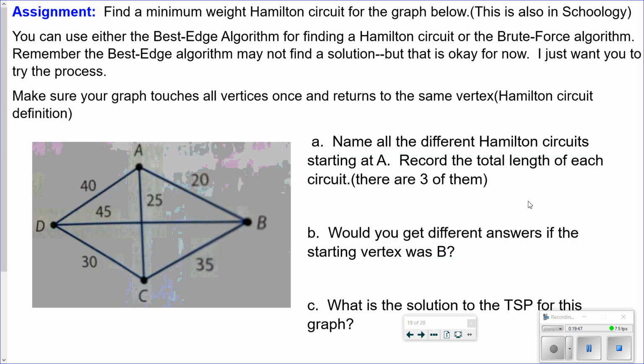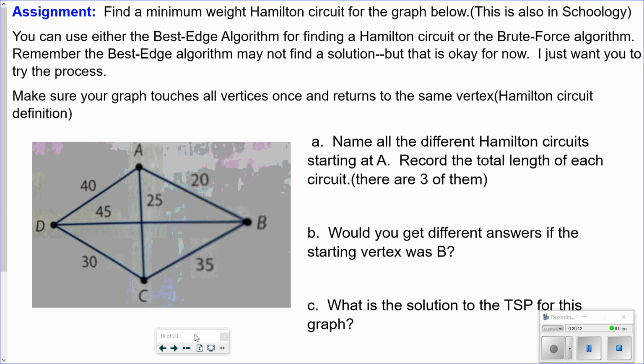Okay, so I know that was probably a lot of me talking, but I would like you guys, for this week, to just try one problem. This is your assignment. It's also in Schoology with this picture and these questions. The directions are to find a minimum weight Hamilton circuit for the graph below.